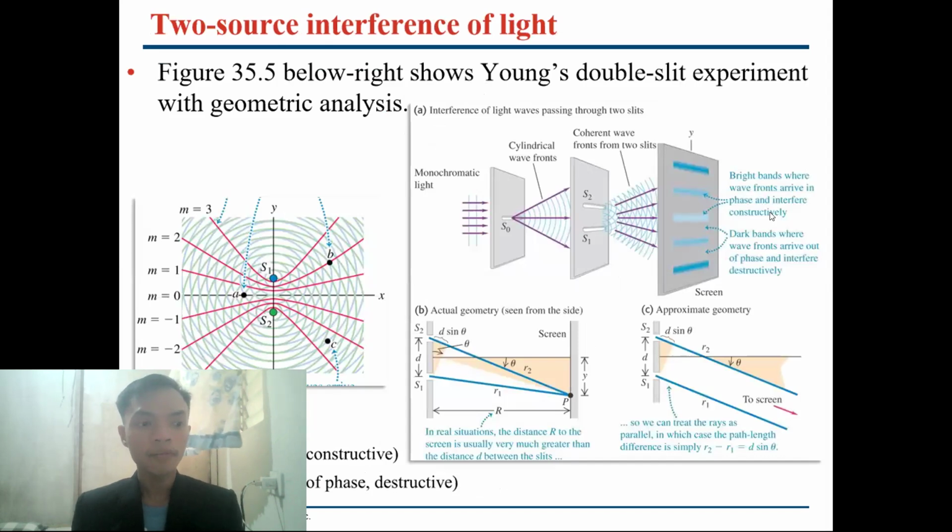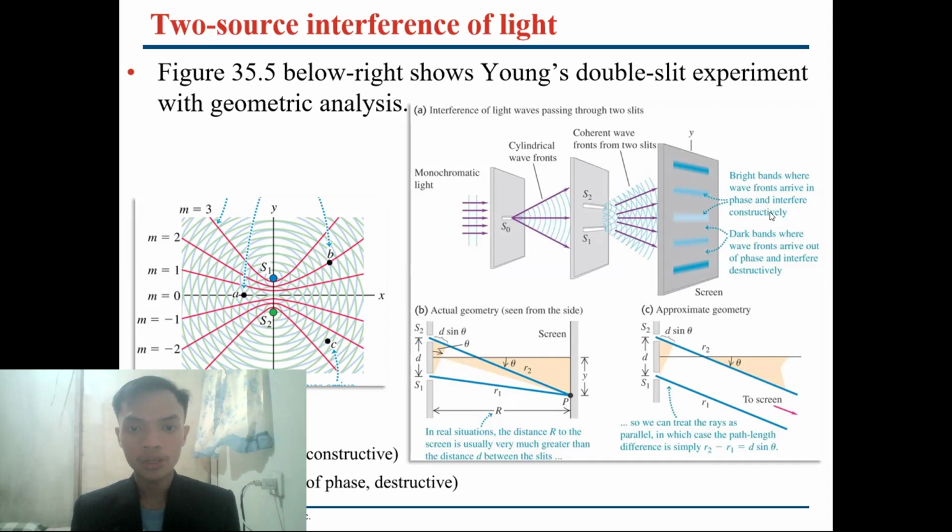Let's have the two-source interference of light, shown at figure 35.5. Below right shows Young's double slit experiment with geometric analysis. Letter A shows the interference of light waves passing through the two slits simultaneously.